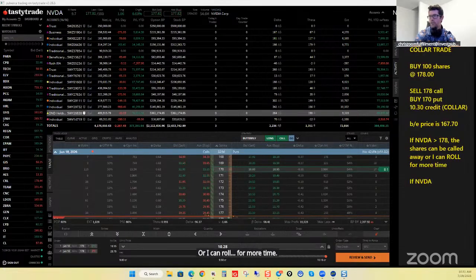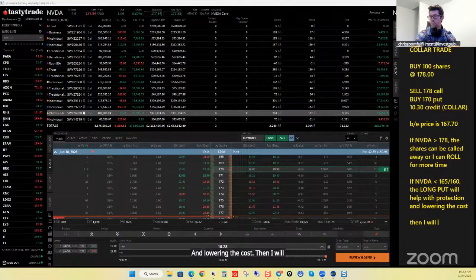If NVIDIA is less than, let's say, 165 or 160, the long put will help with protection and lowering the cost. Then I will calculate a new break even and add another collar.